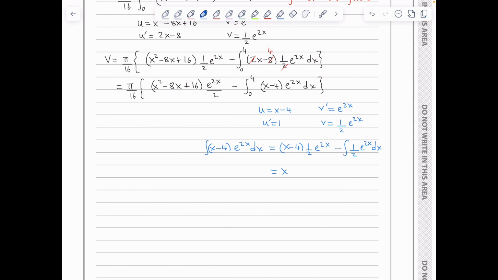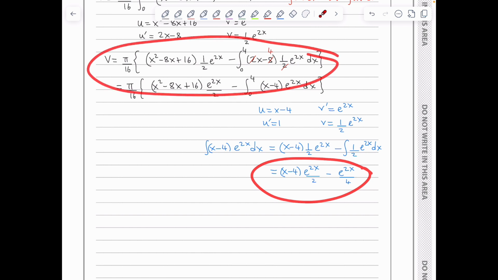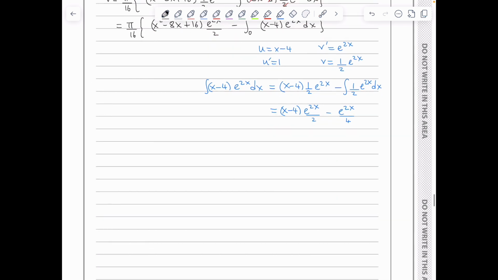This gives an answer of x minus 4 times e to the 2x over 2 minus e to the 2x over 4, because I also divided once more by 2, so the half became a quarter, and therefore I can put everything back together for an expression for the volume V. So we're looking at capital V is pi over 16, and within the bracket we've got x squared minus 8x plus 16 times e to the 2x over 2 minus x minus 4 over 2 times e to the 2x minus e to the 2x over 4, and I close the brackets here, and the limits are going to be 0 and 4.